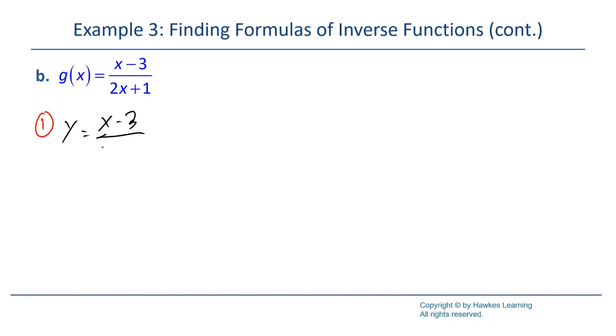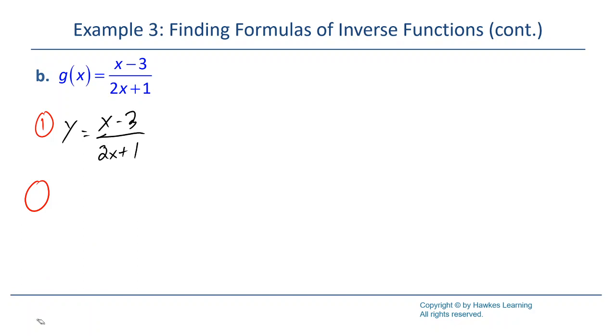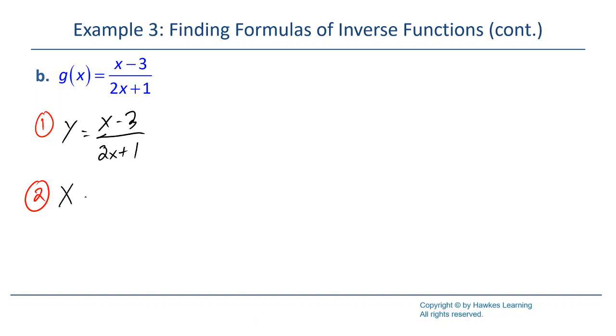So y equals x minus 3 over 2x plus 1. Well, I'm just jumping ahead, aren't I? That or I can't count. So notice here, this is the issue. When I swap x, no big deal.